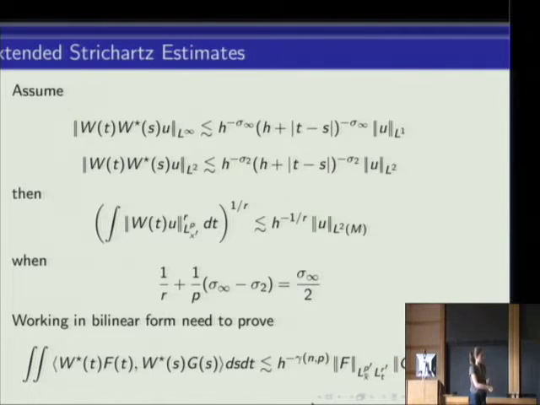The proof goes first by putting it into a bilinear form. We're going to take an inner product here of W star t F, W star s G, then we integrate in s and t. If we can find that it has the appropriate h growth times the appropriate norms in F and G, we will have our Strichartz estimate.